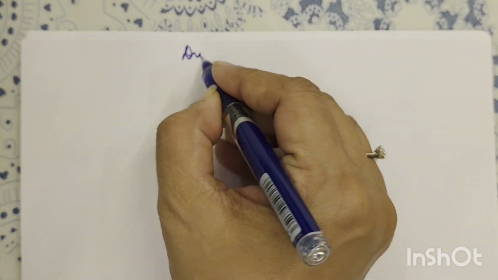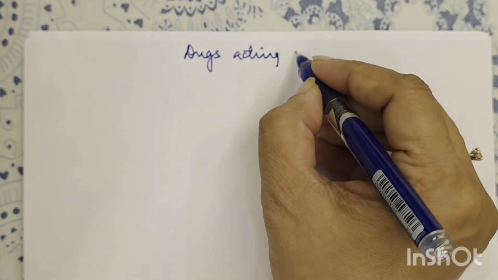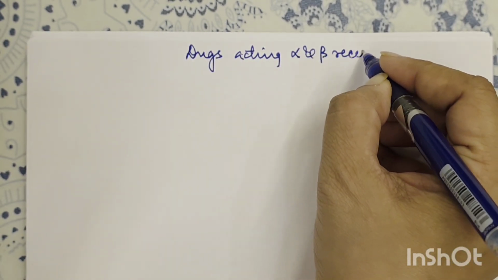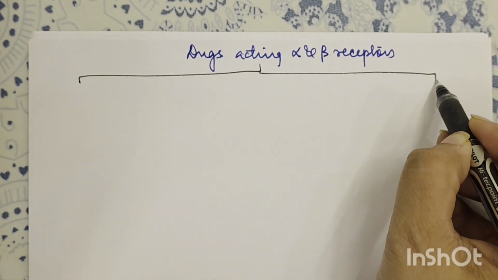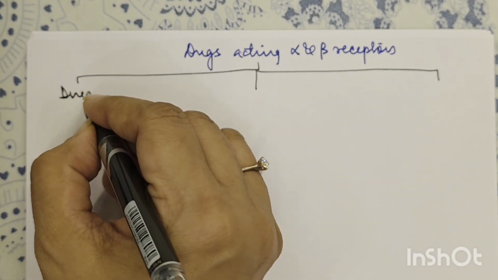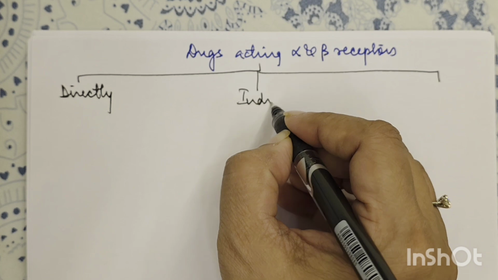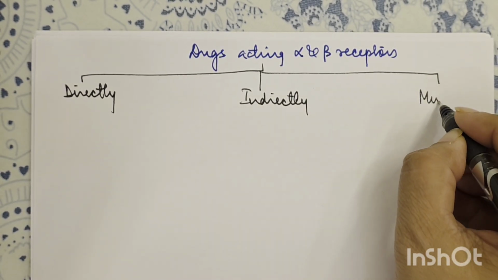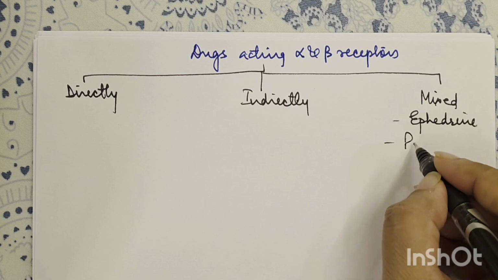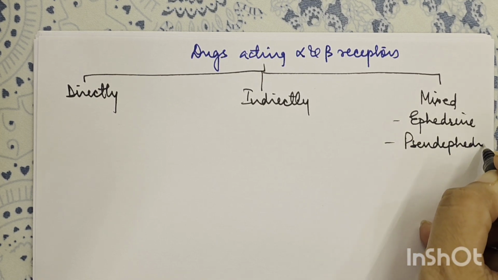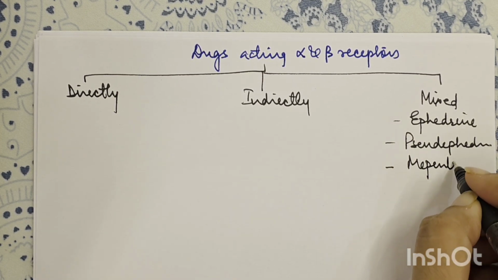Now let us see the drugs which are acting through the alpha and beta receptors, okay. Now I'll explain it to you in a very simple flowchart manner. So we have directly acting drugs, then we have indirectly acting, and then we have mixed acting drugs also. So in mixed acting we have ephedrine, we have pseudoephedrine, right, and we have mephentermine.